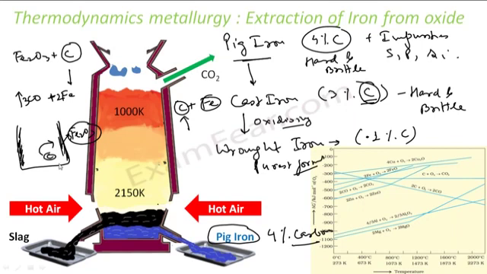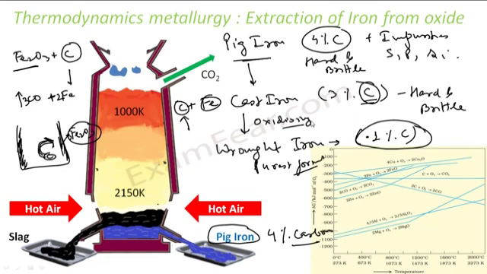Correct? And now when you heat this hematite, it will take away this carbon by this reaction. This hematite will react with the carbon in this cast iron, which is 3%, to form carbon monoxide, and carbon monoxide will go up. With this, the percentage of carbon will go down.